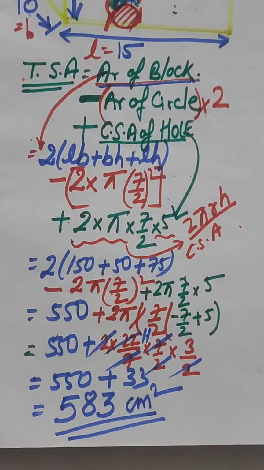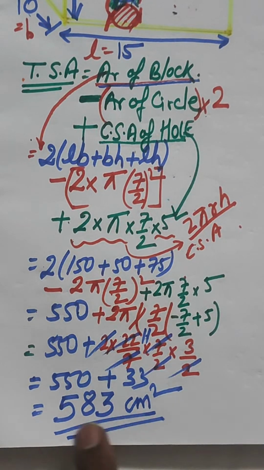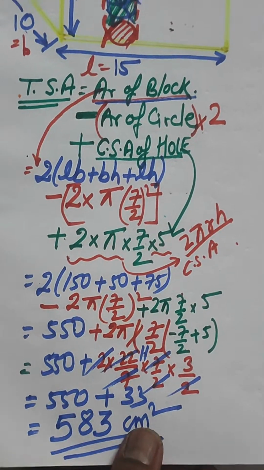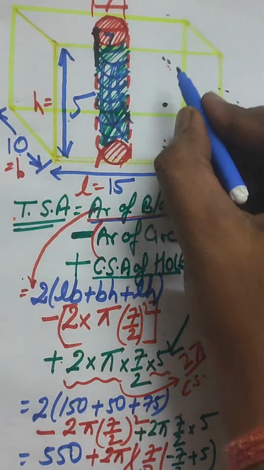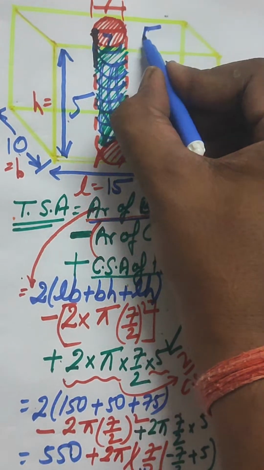So this is the area of the box, 583 centimeter square is our answer.